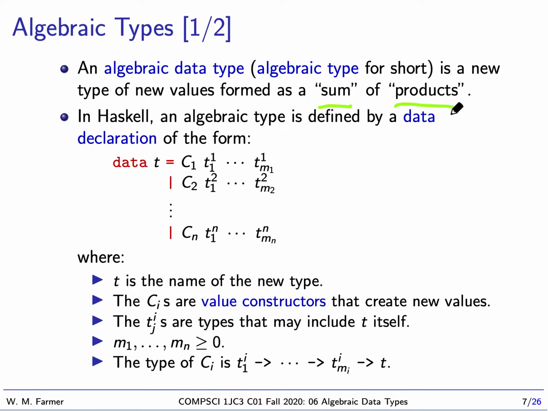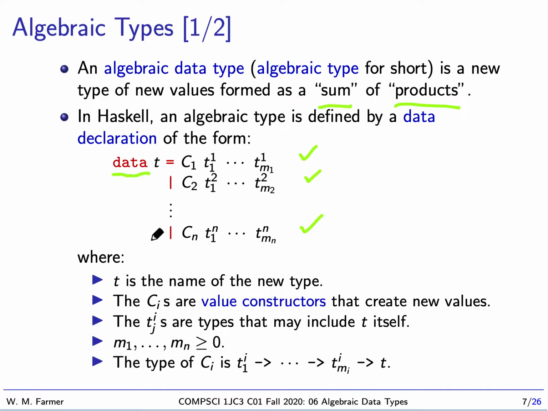And we'll explain later what a sum is and what a product is. And it is defined by a data declaration. So it's a declaration that starts with data, and it has a number of expressions listed here, and they're separated by these bars.